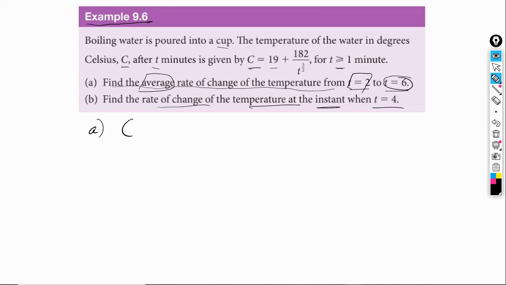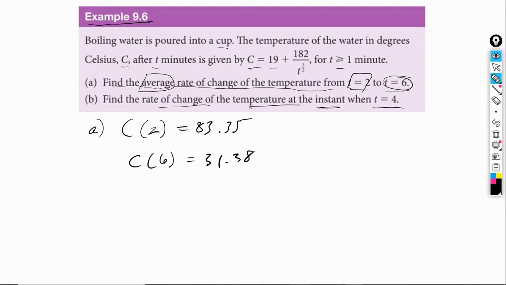So the temperature for time equals 2 minutes is equal to 83.35 degrees Celsius. And when time equals 6, the temperature would be then 31.38.